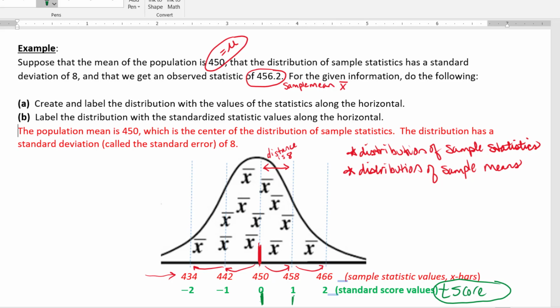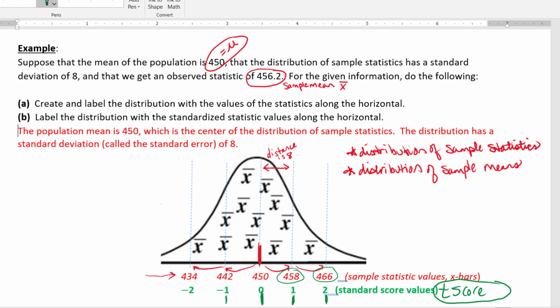A standard statistic value of 1, a t-score equal to 1, means if you have a sample statistic of X bar equals 458, that is a sample statistic that is 1 standard deviation above the population mean. If you have a sample mean of X bar equals 466, that is 2 standard deviations above the mean. It's a t-score equal to 2.